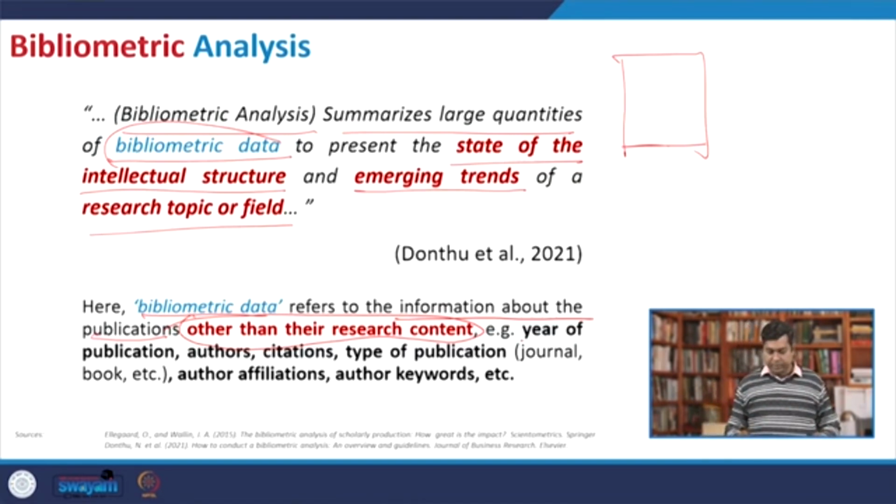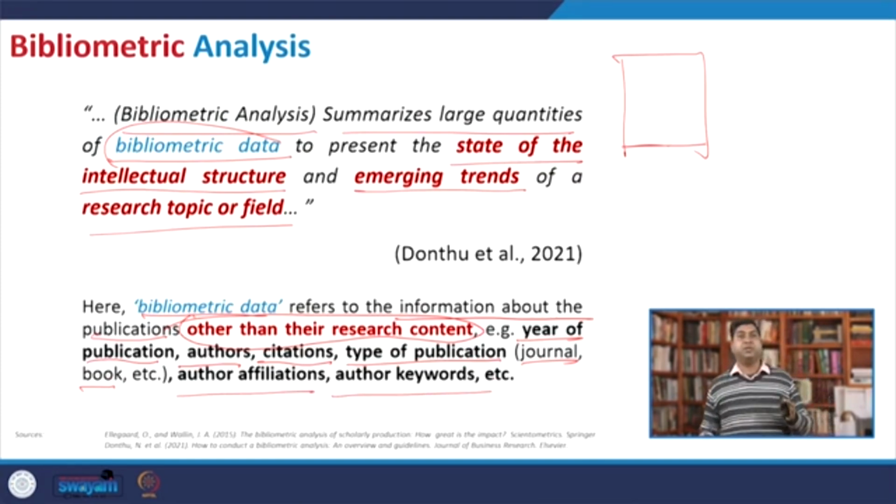For example, it is year of publication, author's detail, citation, type of publication, whether it is journal, book chapter, conference proceedings and others like working paper, then author's affiliation, then author's keyword, because each paper we normally give some keywords, and this is nothing but the search string which will help to identify the paper.